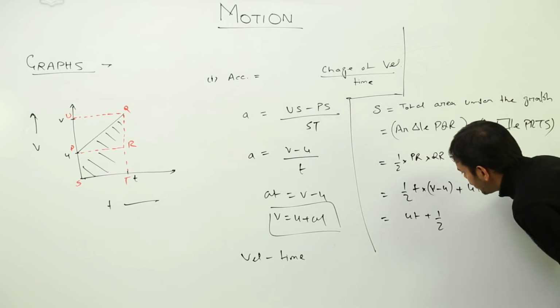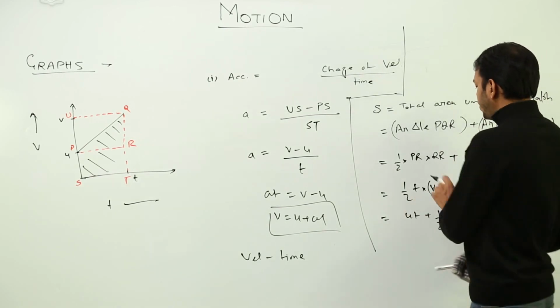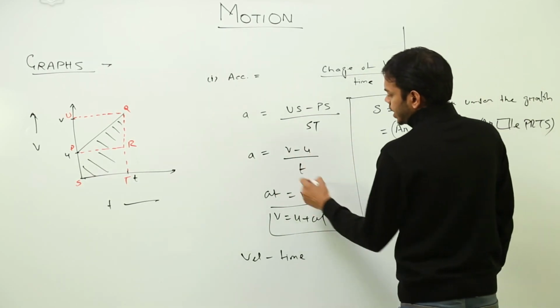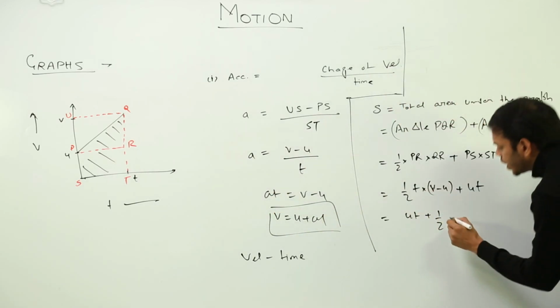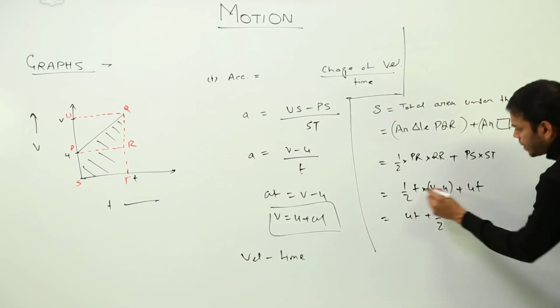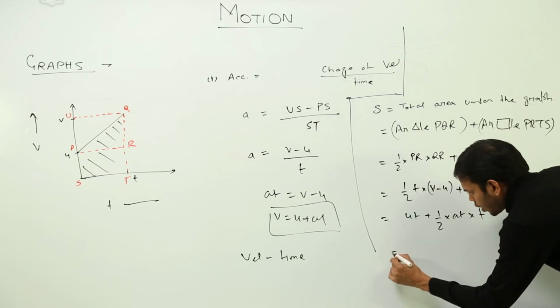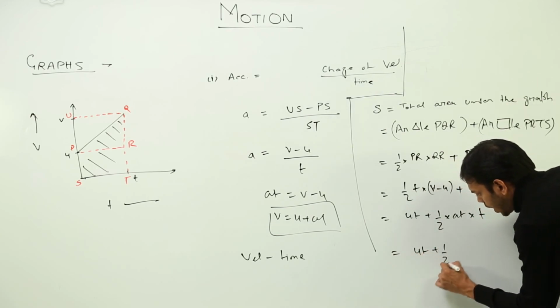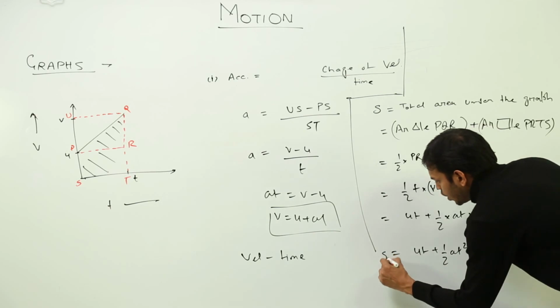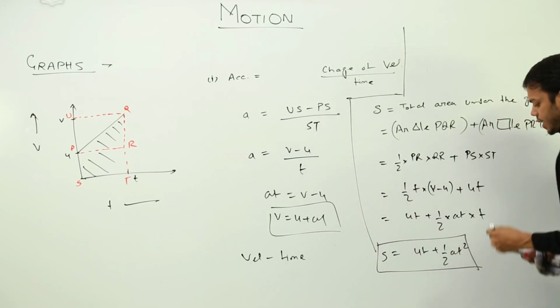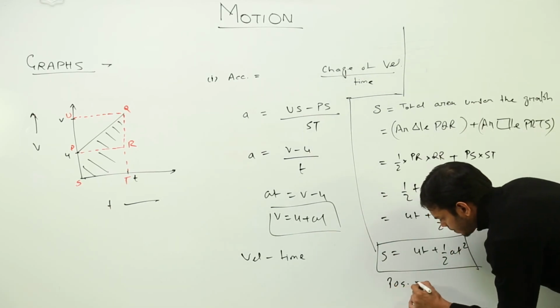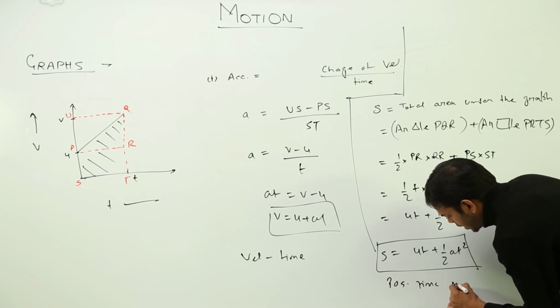What is V minus U here? V minus U according to this equation is A into T, right? So here I can write A into T multiplied by this T. So I got the final equation ut plus half at square. This is the value of s. This is called the position time relation.